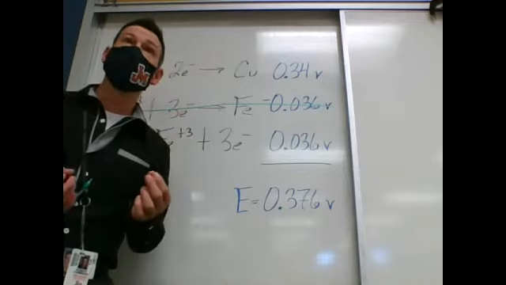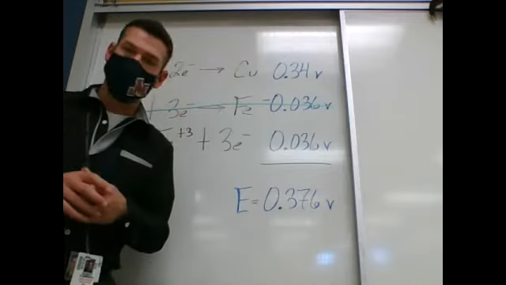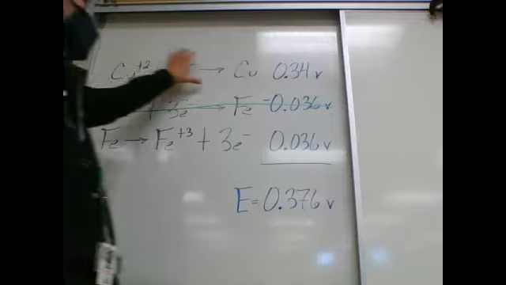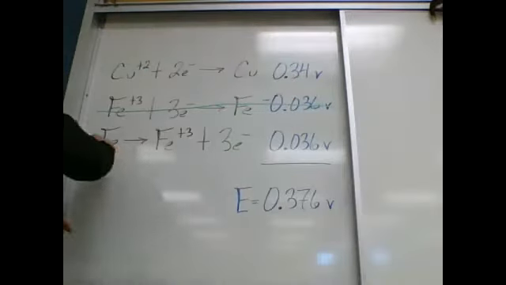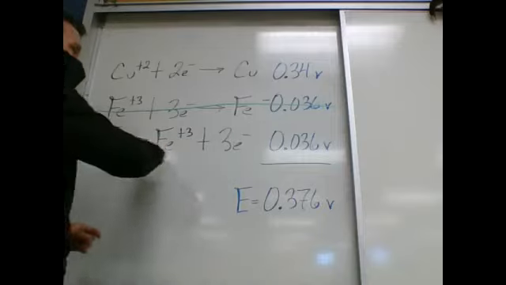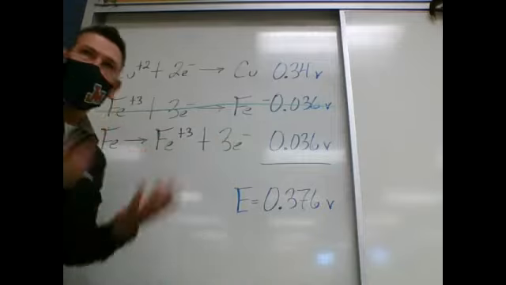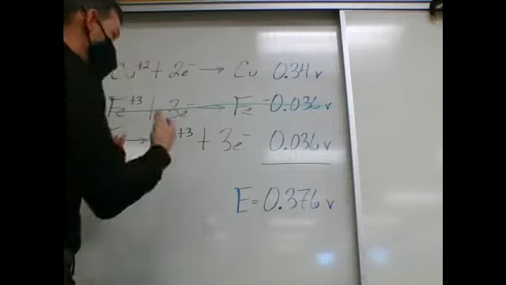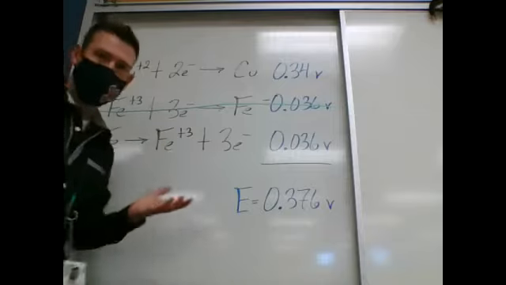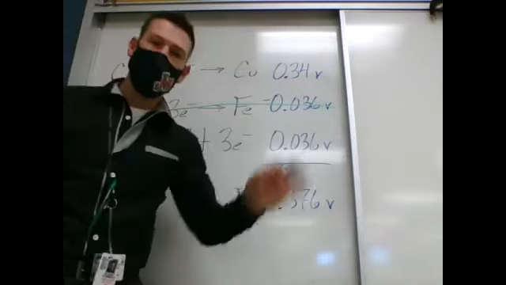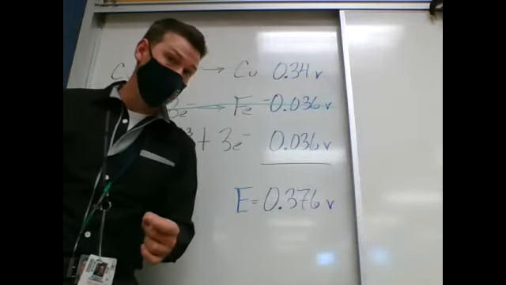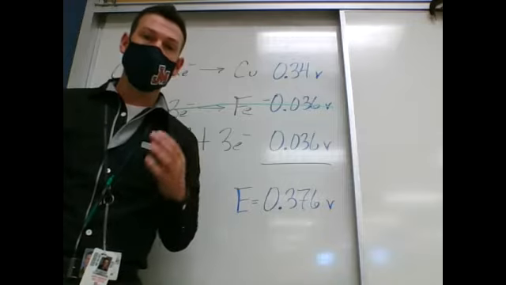The smaller number isn't going to be the one reduced. So I kept the larger number as is, and I flipped the other reaction. By flipping the iron reaction, it becomes oxidation, all right? And I got to flip the sign of the cell potential, and now I'm ready to move forward.